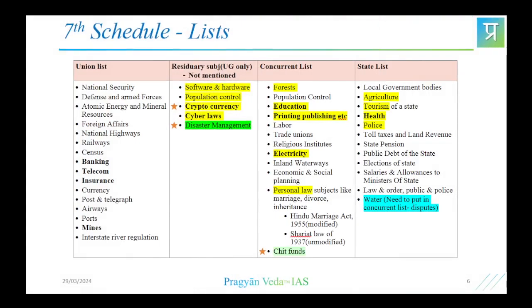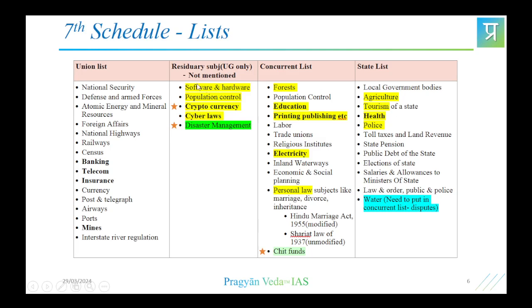Now, quickly getting into the 7th Schedule, I just talked about the lists. Basically we have the Union List and State List and various subjects mentioned in them. I have covered some important things that we can remember. And we have a Concurrent List falling between the Union and the State.